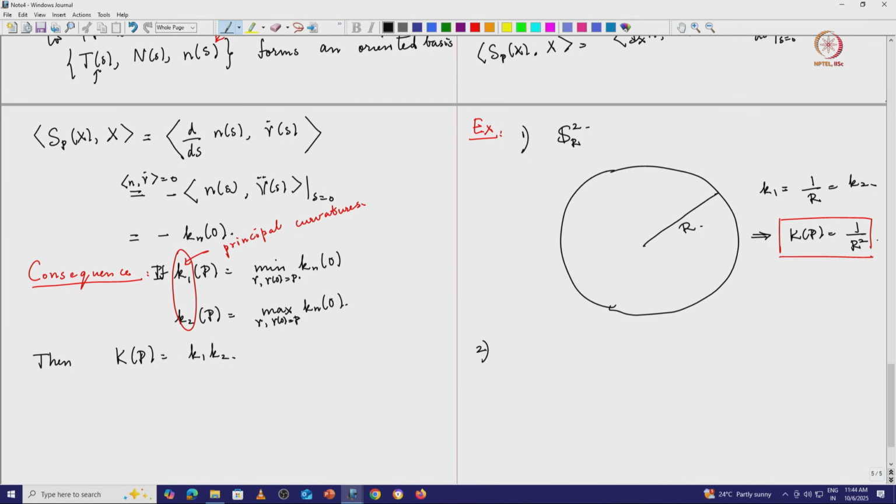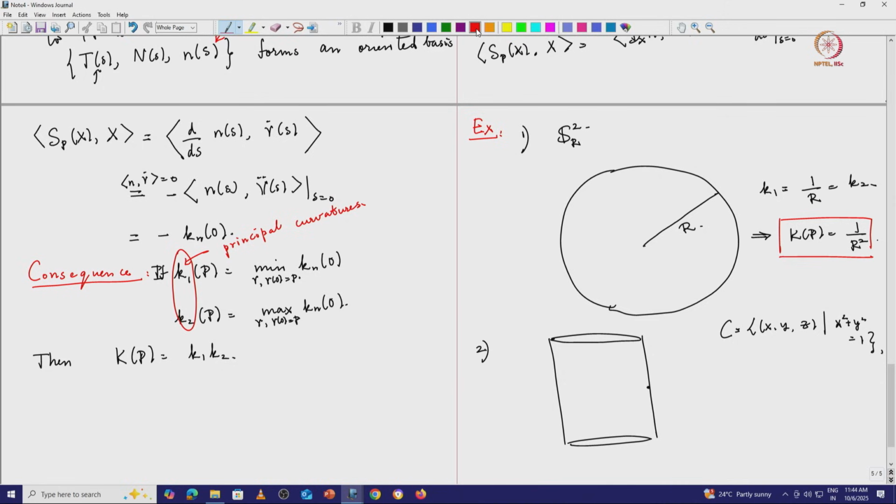Second, I take the example of this cylinder. Okay, so this is the cylinder, the set of points x, y, z in R3 such that x squared plus y squared is, let us say, 1. Okay. So now suppose you are at this point. Essentially, to calculate the principal curvatures you have to compute the minimum and maximum normal curvature.